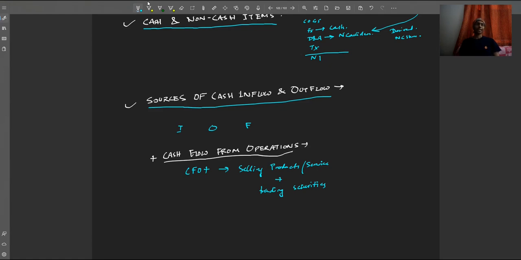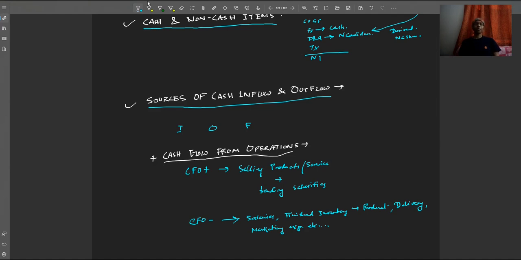Now let us take some examples of cash outflows. CFO minus, that is cash outflows. This is paying salaries, finishing product from inventories, that is, converting inventory into a finished product, delivery of the product, marketing expenses, etc. So these are examples of cash outflow from operations.